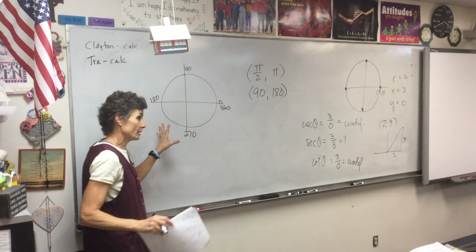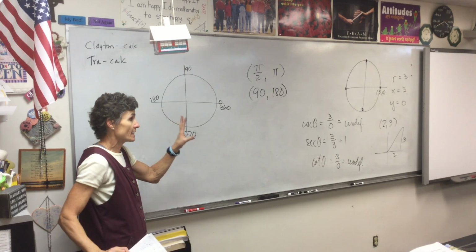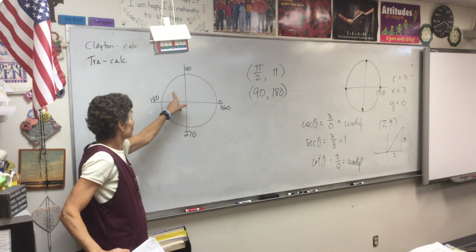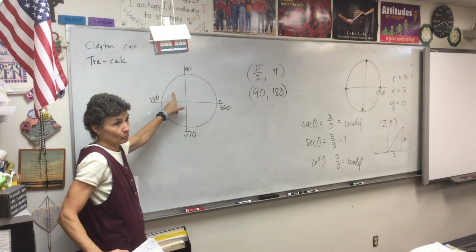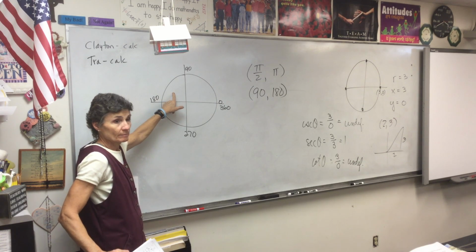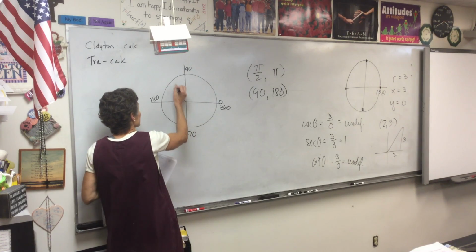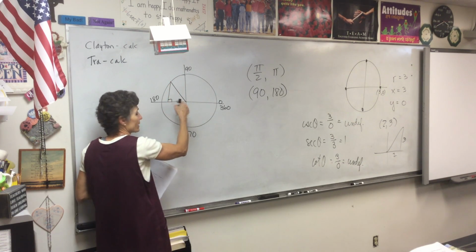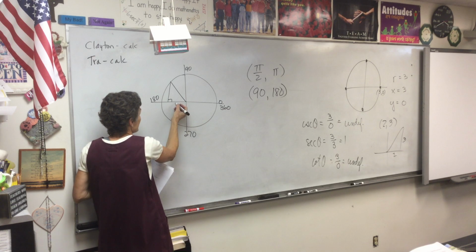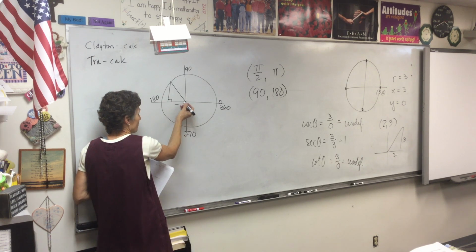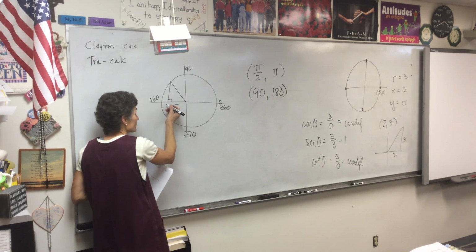So where am I looking? Right here, top left, quadrant 2. If I drew a triangle here, any size triangle in that quadrant, this would be a negative number. Would you agree with me?